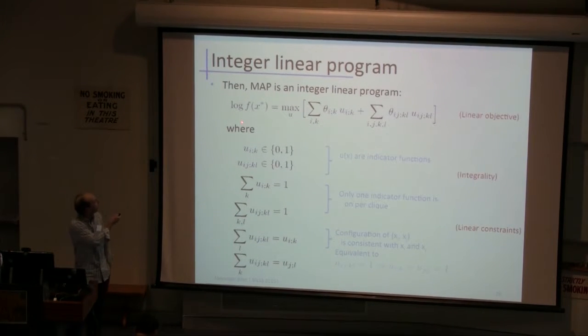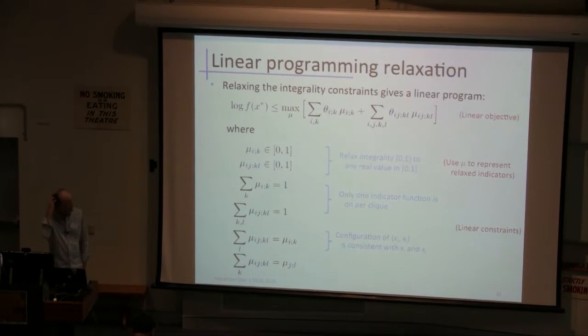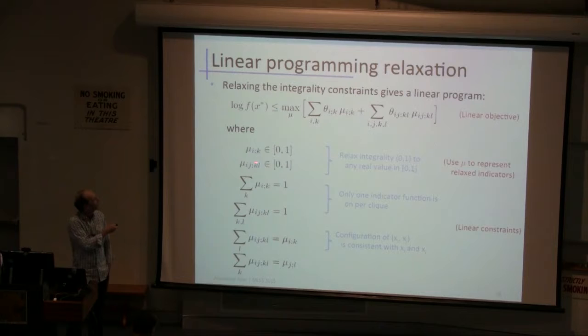Okay, so this is an exactly equivalent way of optimizing it, and it's an integer linear program. We have a linear objective, a bunch of linear constraints, and then some integrality constraints. Right? So if we want to approximate this, integer linear programs are hard, but we can relax them to regular linear programs just by relaxing this integrality constraint.